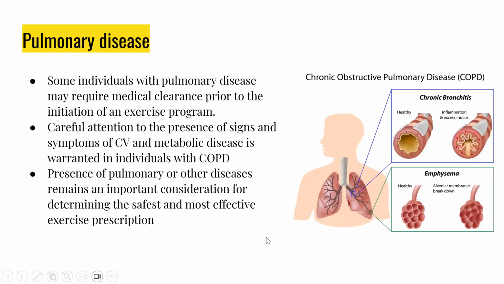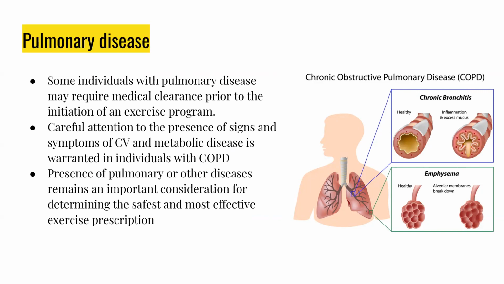Now, for pulmonary diseases, some individuals with pulmonary disease may require medical clearance prior to the initiation of an exercise program. And it says some individuals because it really depends on your client.